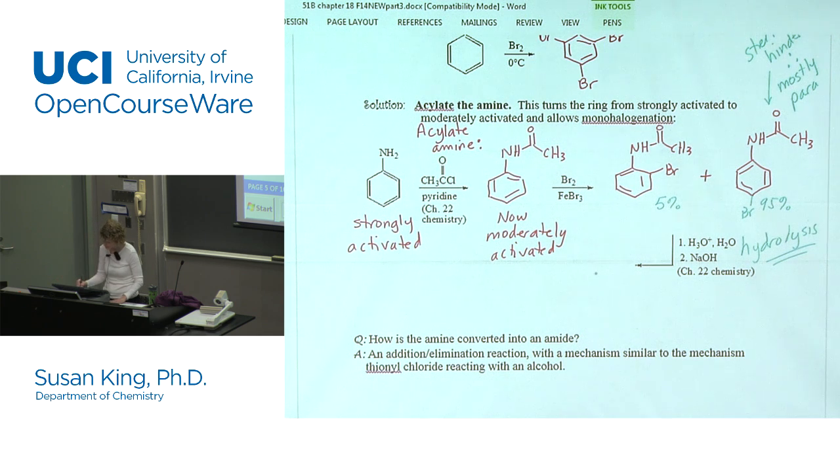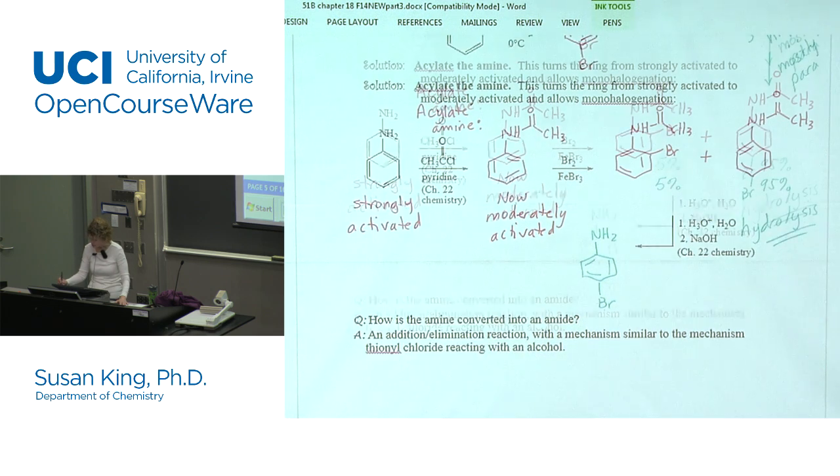And so what that does is give us aniline back again with one bromine on the ring. That's important because once those bromines are on there, there's nothing you can do to get them off. So if you just want one bromine, you have to go through this long strategy.